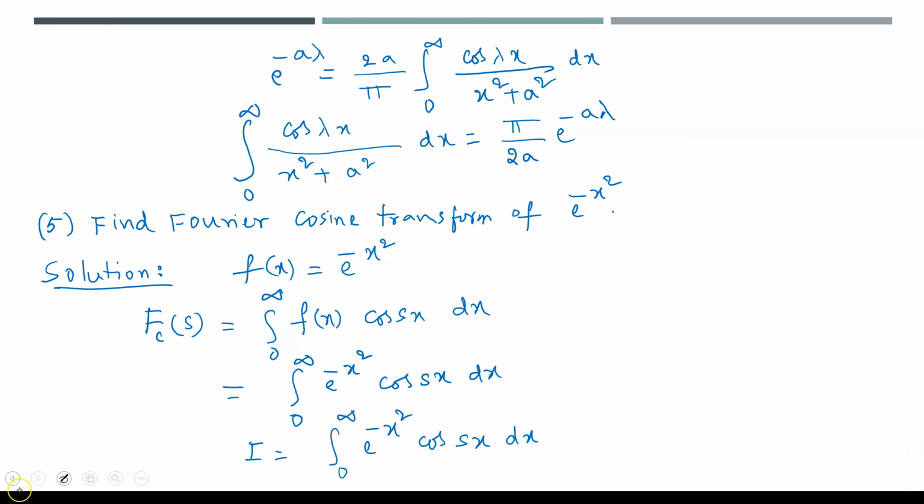Let us differentiate both sides with respect to s. Then dI by ds equal to d by ds of integral 0 to infinity e power minus x square cos sx dx. Now here we can apply differentiation under the integral sign.